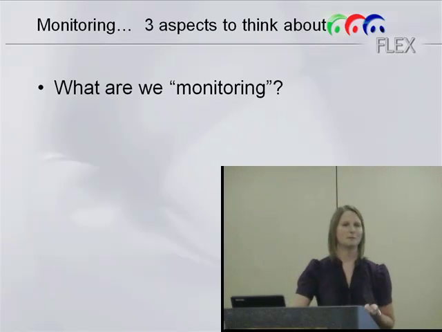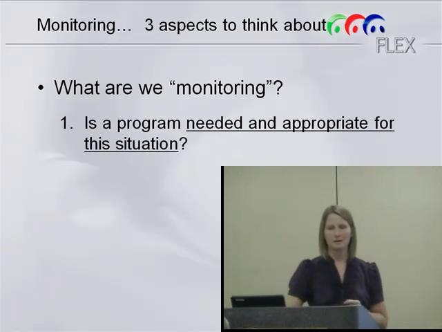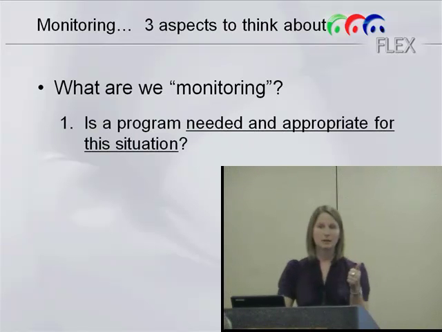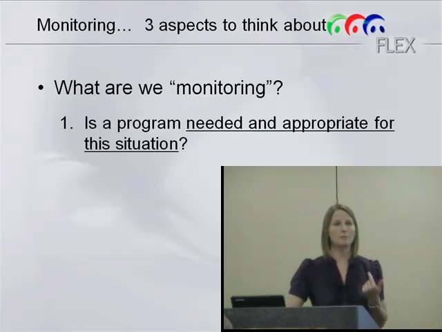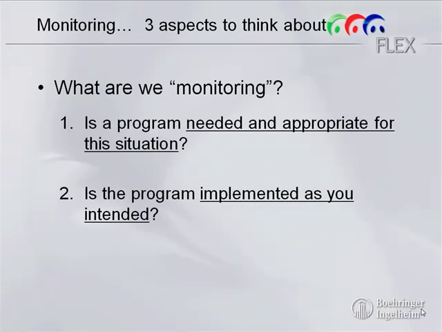So when I asked people about monitoring, I got these 3 points. The first one is, is the program needed and appropriate? So how do we monitor a system to know that it needs this vaccine and that it's going to work and it's going to meet the goals of the system? The second one is compliance monitoring, or understanding, is the vaccination being implemented as you intended?